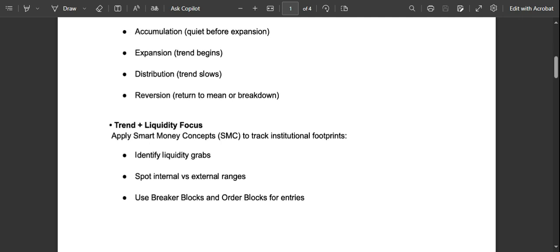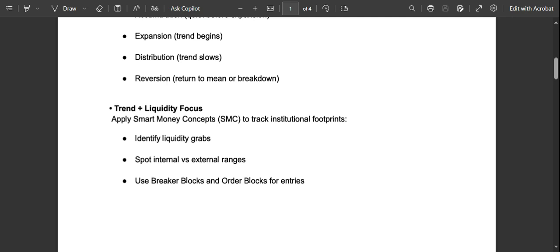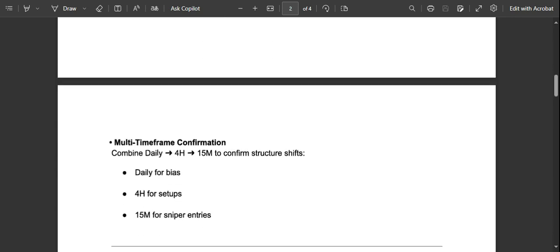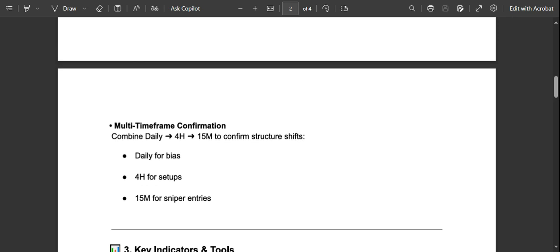In the long term, I'll be making videos using a live chart view so that we understand how to do all of this. Okay, so let's come to the next subtopic, that is the multi-time frame confirmation.